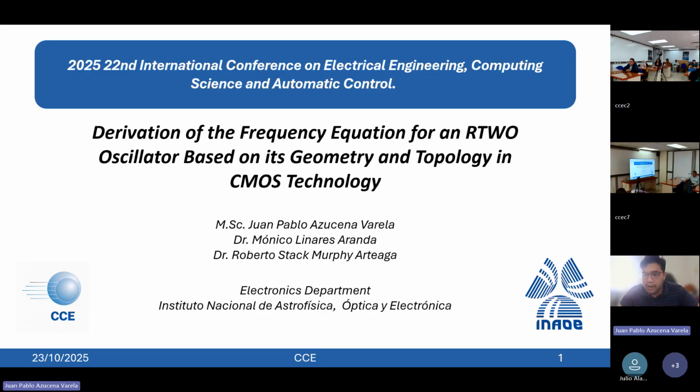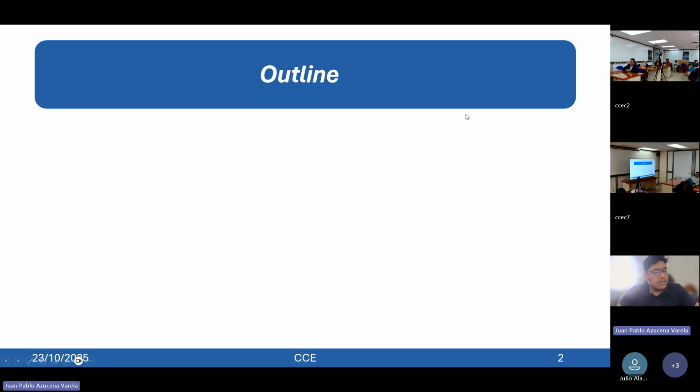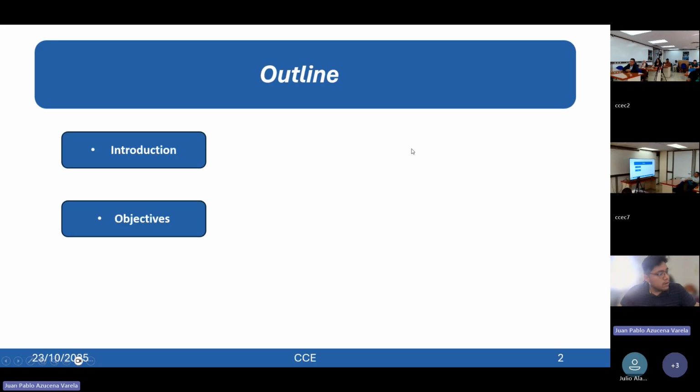Yes, I am Juan Pablo Sanavarela, and together with my advisor, Dr. Mónica Linares Aranda, and Dr. Roberto Murphy Arteaga, I will present our work. This is the outline of the presentation. First, I will introduce the background of these oscillators and the objectives of this work.